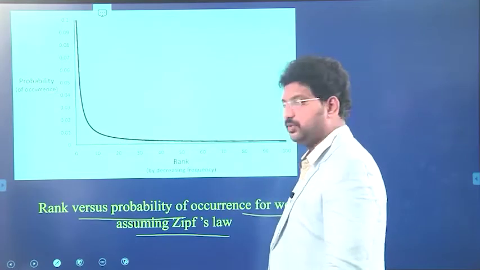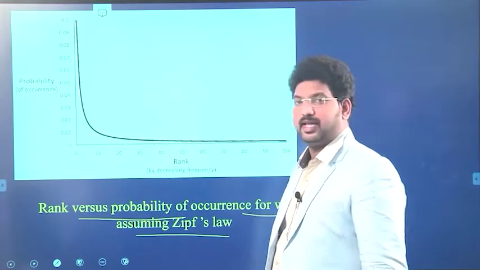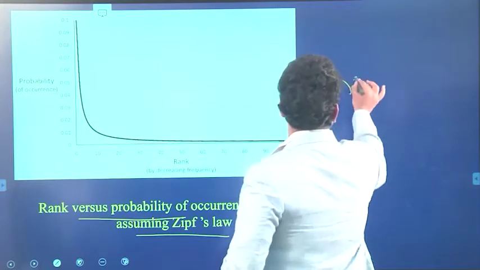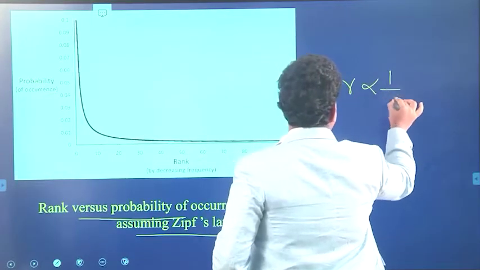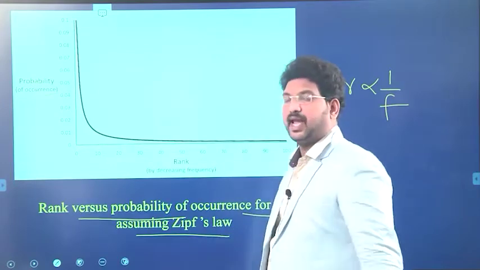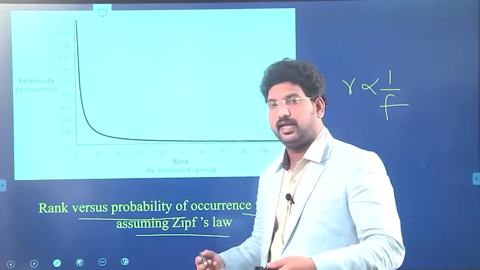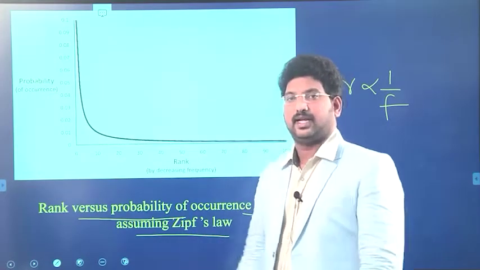So the rank is less where the probability is high. What Zipf's law indicates is that rank is inversely proportional to frequency. If the frequency of a word increases, the rank decreases.